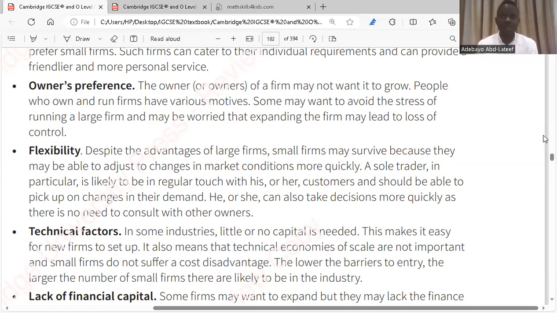I could have a barber store now, and if I feel like it's not forthcoming, I could change it to a laundry service. It's easier. But a school cannot just quickly change to a hotel. That is the flexibility. So small firms have the flexibility to adapt to changes in the market.